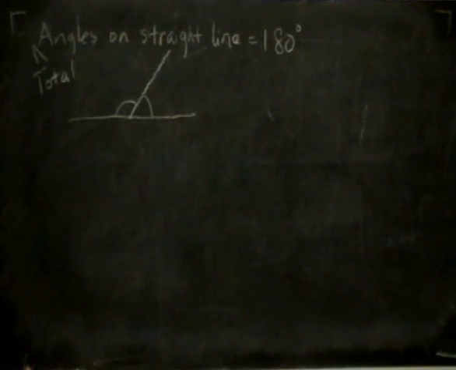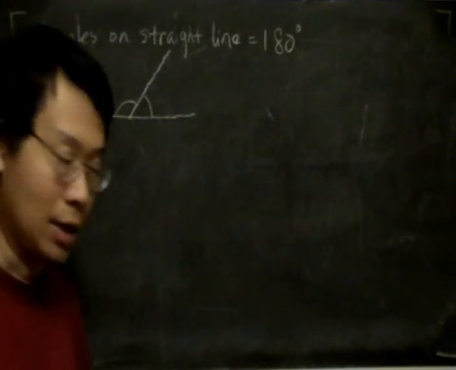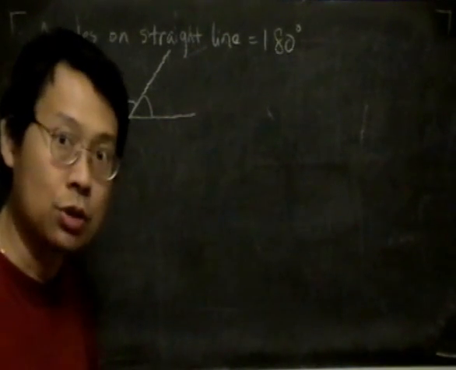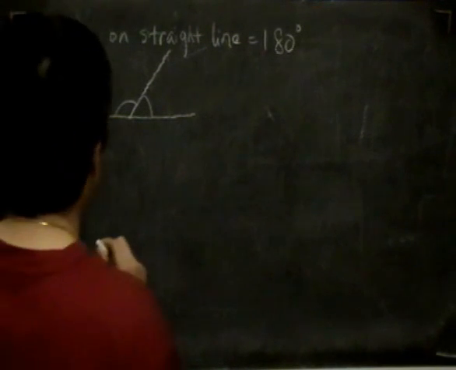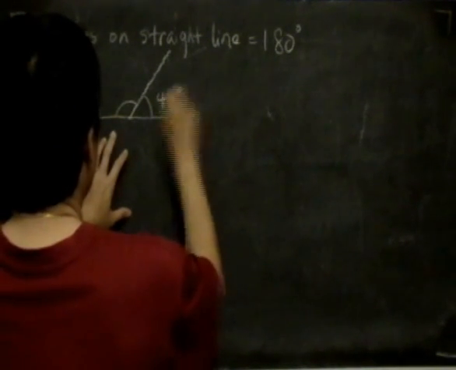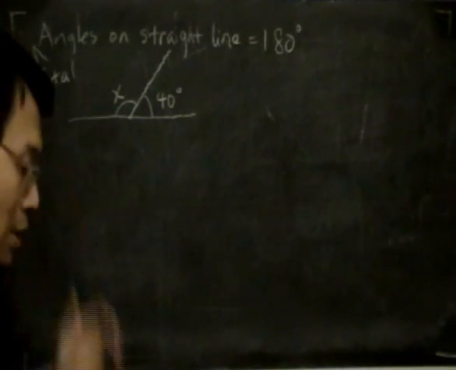Now, how can we use such a result? As a simple example, you might see a question that tells you that this angle is 40 degrees and asks you to find that angle, which I call x.